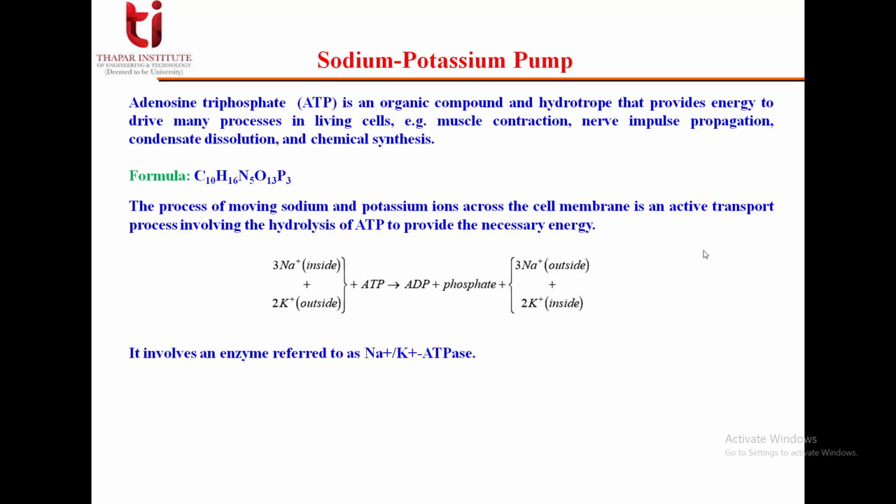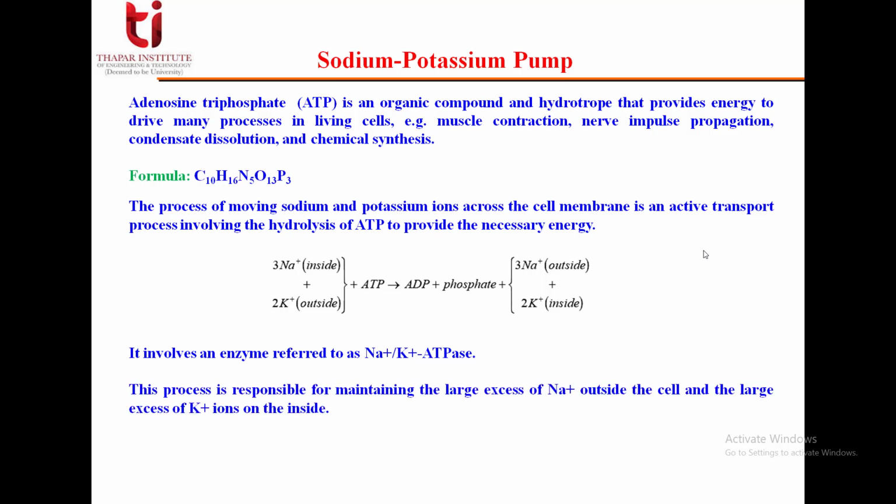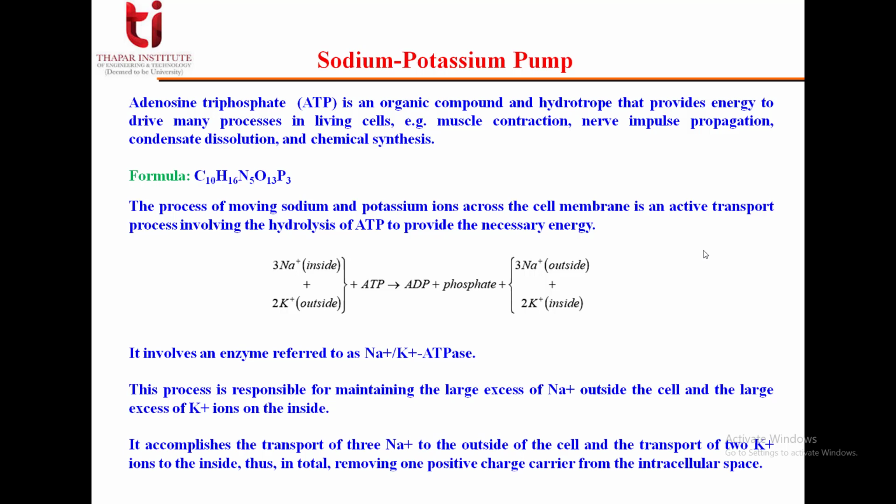It involves an enzyme referred to as sodium potassium adenosine phosphatase. This process is responsible for maintaining the large excess of sodium outside the cell and the large excess of potassium ions inside the cell.